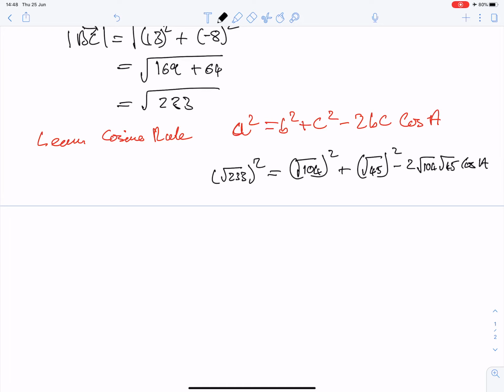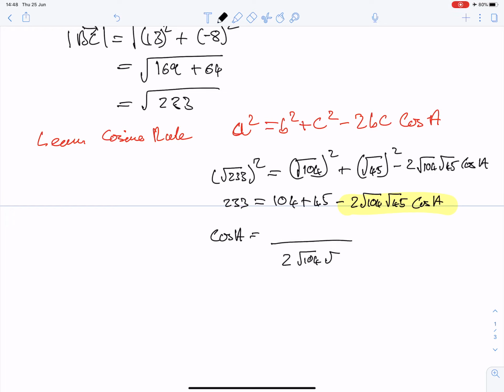So that gives 233 is equal to 104 plus 45 minus 2 root 104 root 45 cos of A. So cos of A is equal to, rearranging this, so you add this chunk across to the left-hand side and then divide by the multiple of cos A, which is 2 root 104 root 45, and on the top we've got 104 plus 45 minus 233.